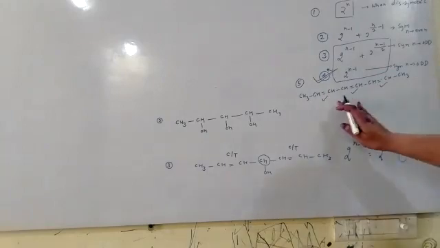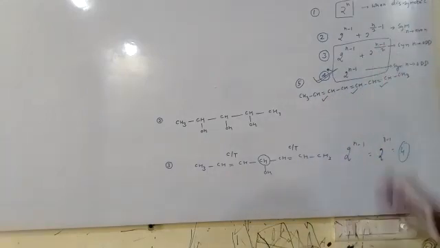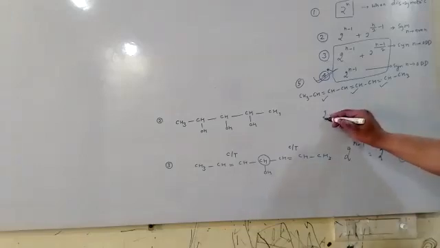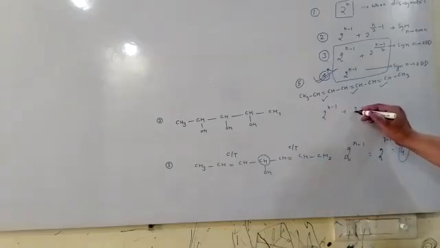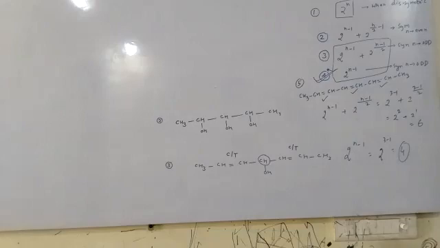Then this is odd, with a free chiral center, free stereo center, and the molecule is symmetric, so we will use this one. Are you getting my point? 2 to the power 3 minus 1 plus 2 to the power 3 minus 1 by 2, 2 to the power 2 plus 2 to the power 1, so the answer will be 6. Got it?